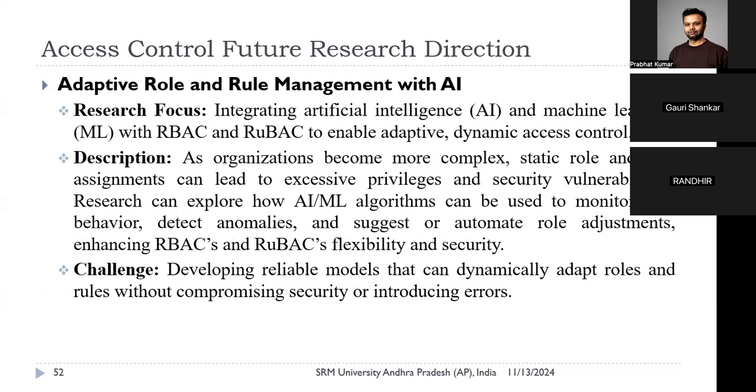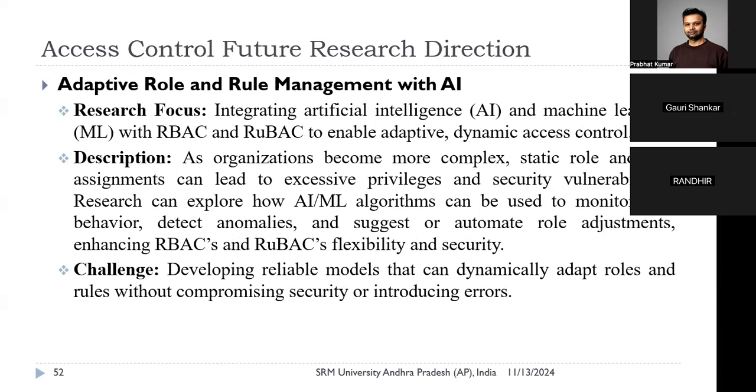Obviously, because you are assigning different roles based on different attributes, vulnerabilities will be there. So why not make one AI/ML model to monitor user behavior? If a user is doing something different than normal, that model will detect that particular role. So if this role is doing something not normal, that can be detected with the model. So this is one future research direction in terms of access control.